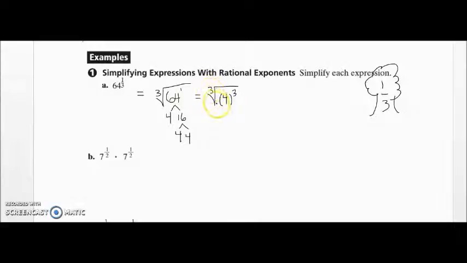So make sure that you write this. So we're going to simplify this now. We've done this before. Anything in the parentheses we're going to take out because this cube and this cube root cancel each other out, and we're left with just 4.